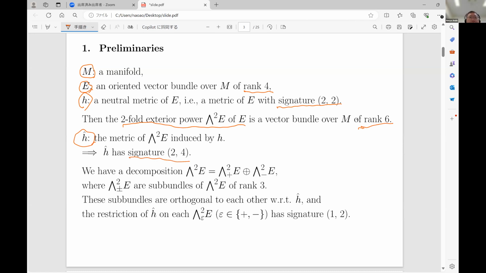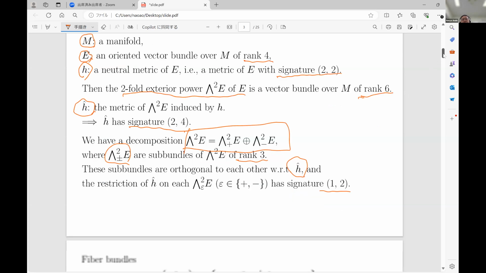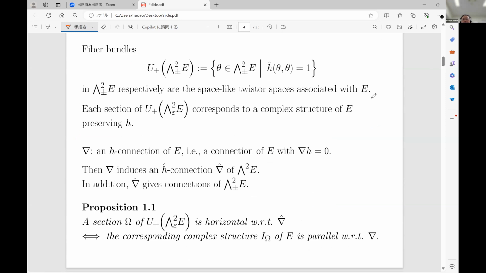We have a bundle decomposition like this. These subbundles have rank 3 and they are orthogonal to each other with respect to H hat. The restriction of H hat on each subbundle has signature (1,2).